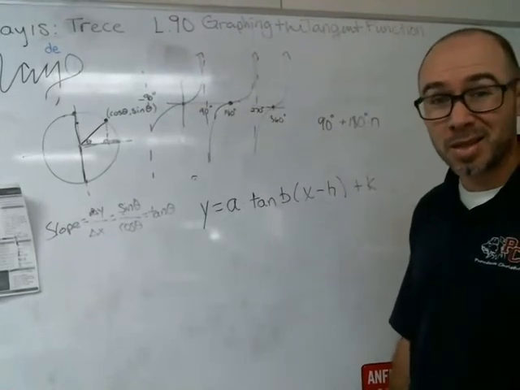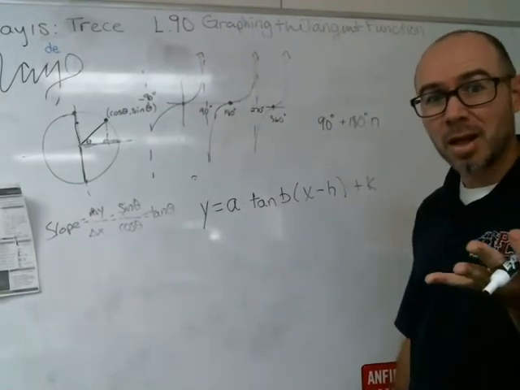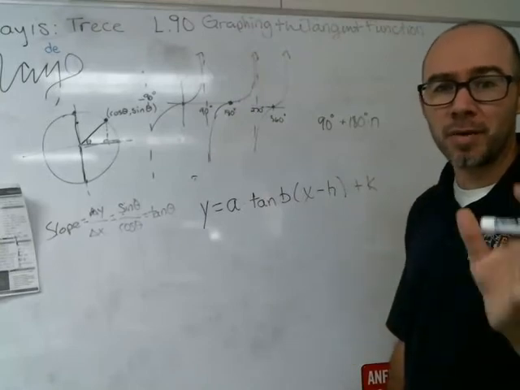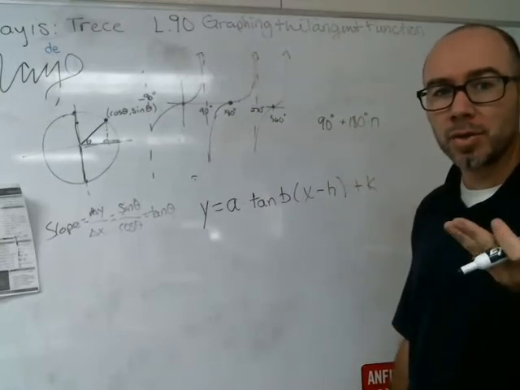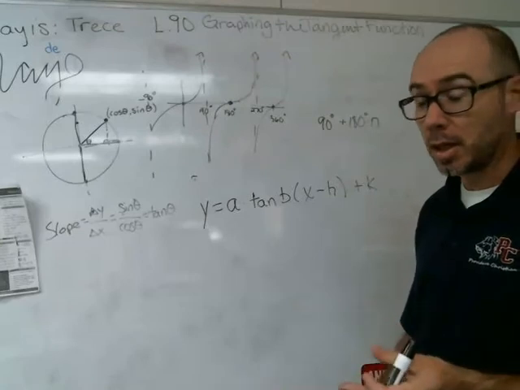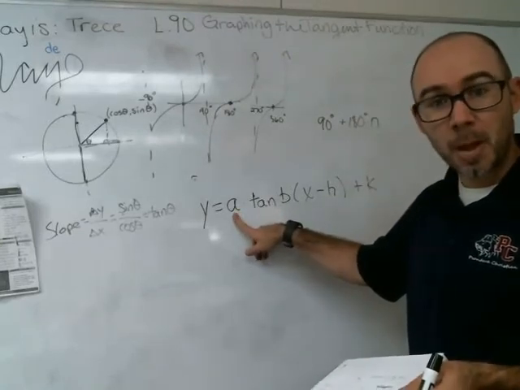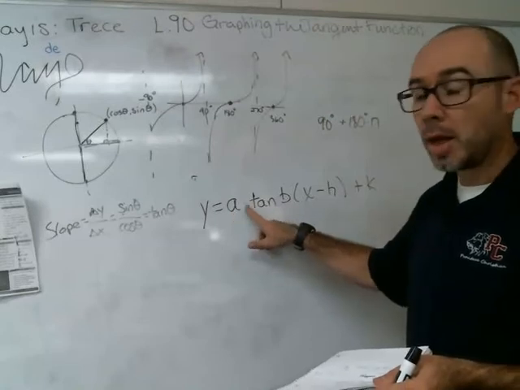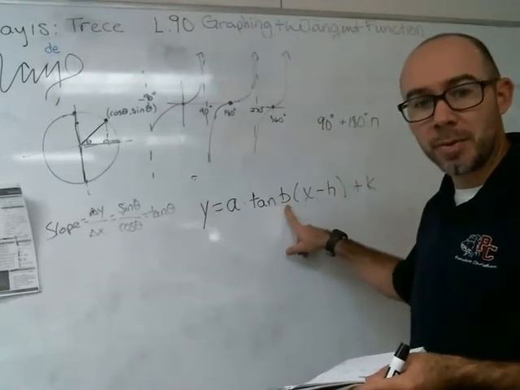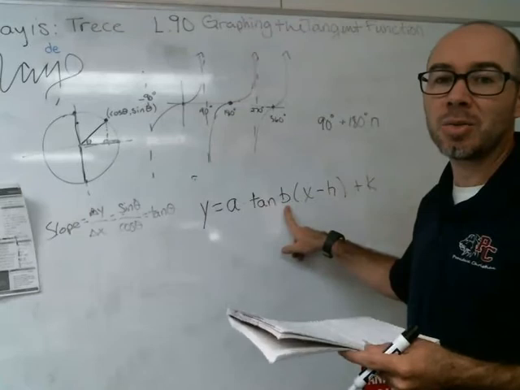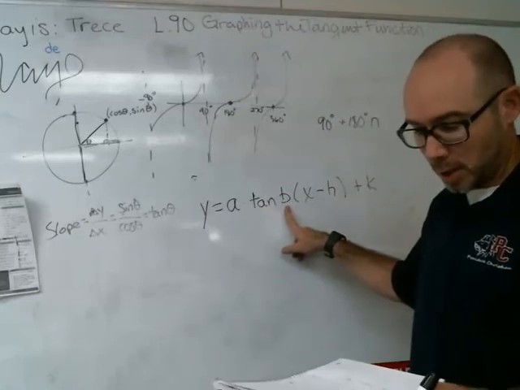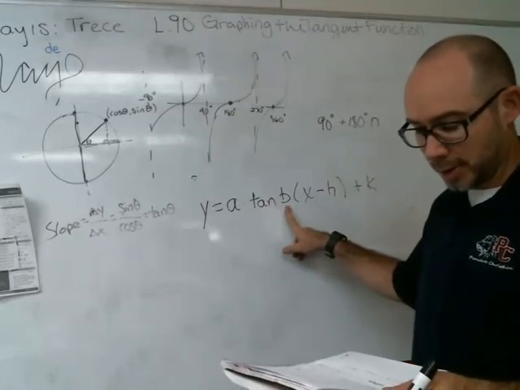But the same things apply to tangent as far as phase shifts and vertical shifts, as was true of sines and cosines. It's just that the amplitude looks a little bit different. You should play around with that. And this will look a little bit different because the period is only half of what it would have been with sines and cosines.